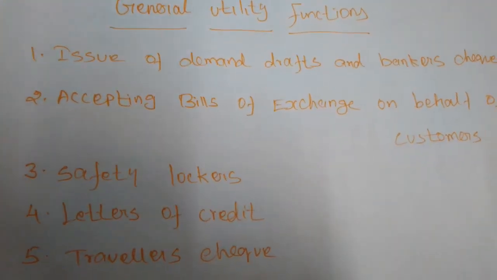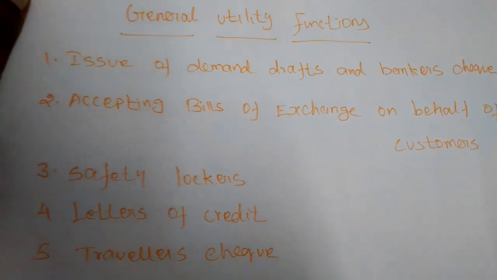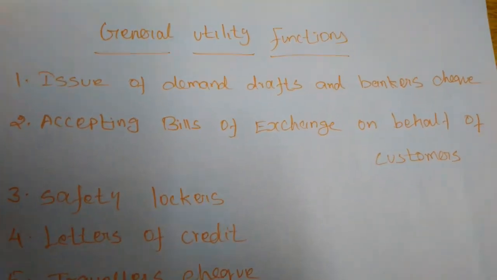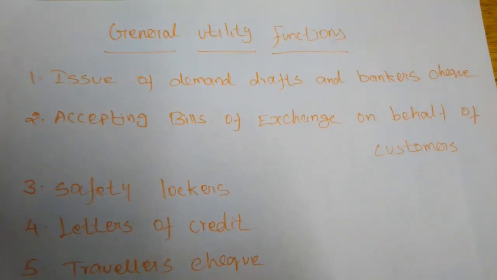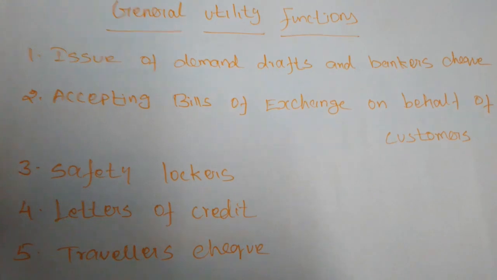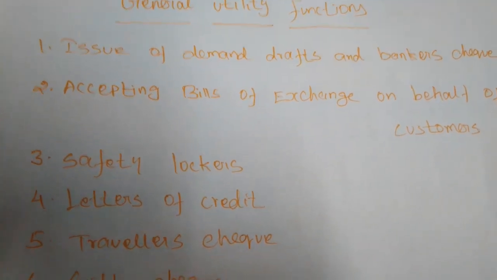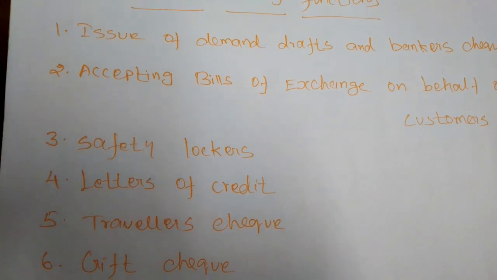Under the general utility functions, the first one is issue of demand draft and bankers check. All the customers will be in need of a demand draft and a check. Demand drafts and bankers checks are issued to the public and the customers.